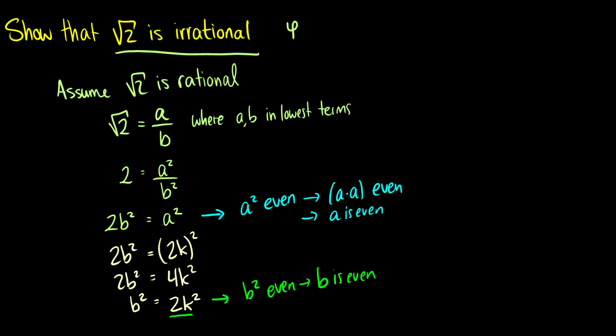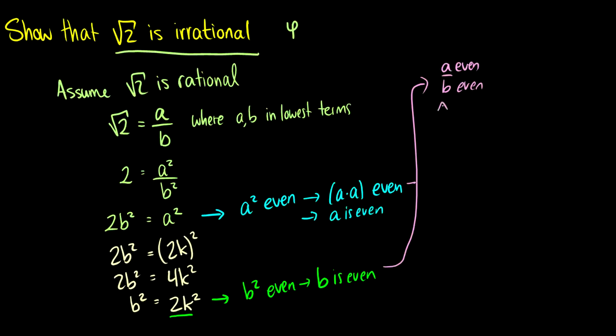So what's the problem here? Well, let's take these two pieces of information. We have a, which is even, divided by b, which is even, which means that if they're both even, then we can factor out a 2.